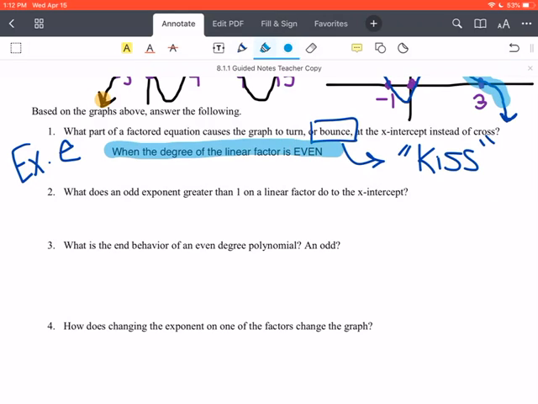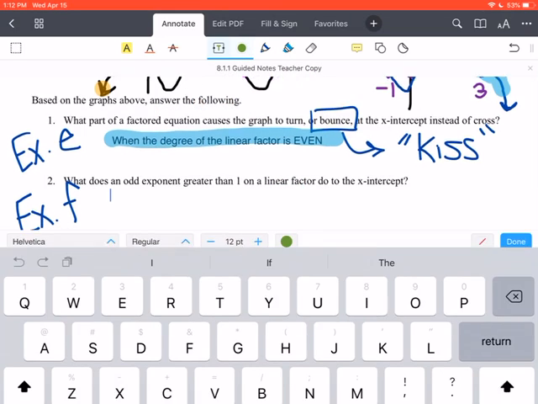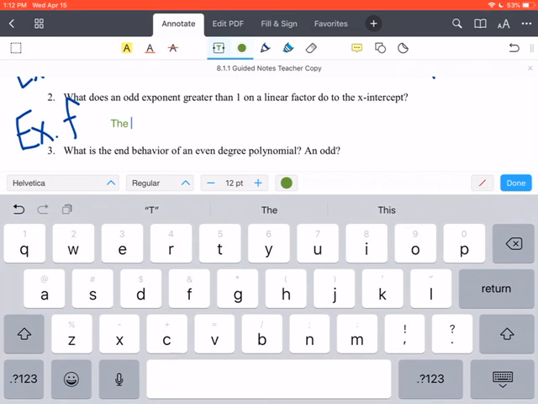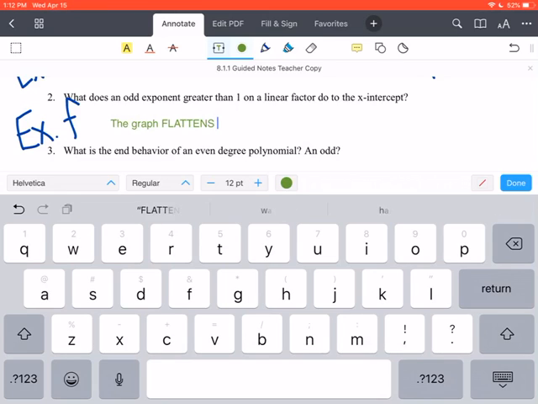Now, number 2 says, what does an odd exponent that is greater than 1, okay, that is important, on a linear factor do to the x-intercept? So example F is where this is really talked about. We are going to say that the graph flattens as it crosses the x-axis.